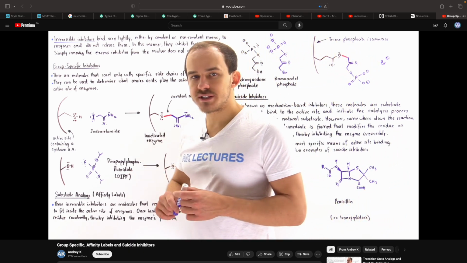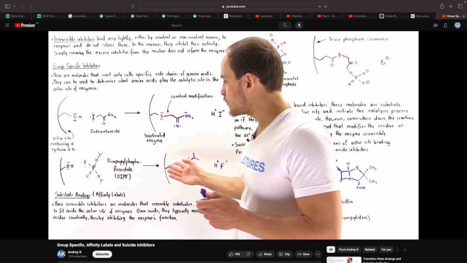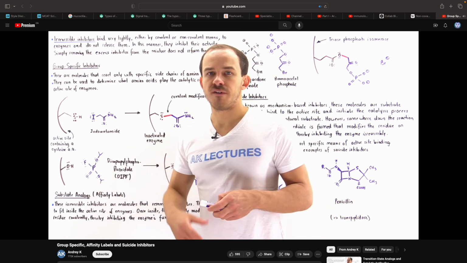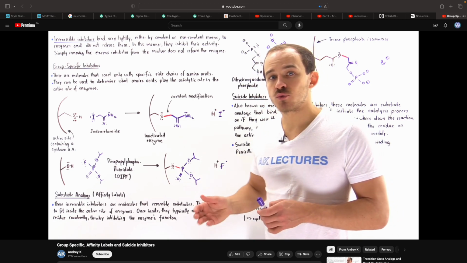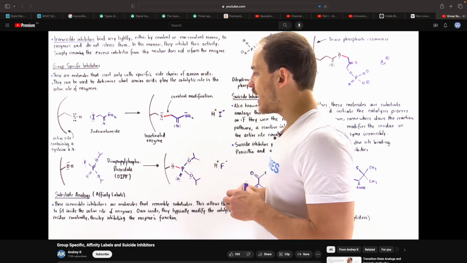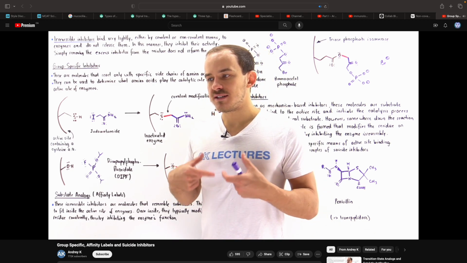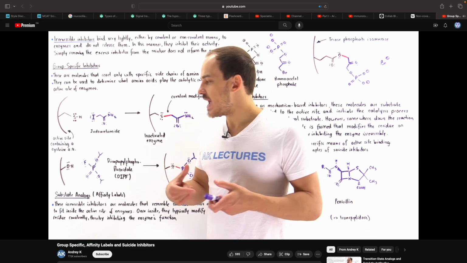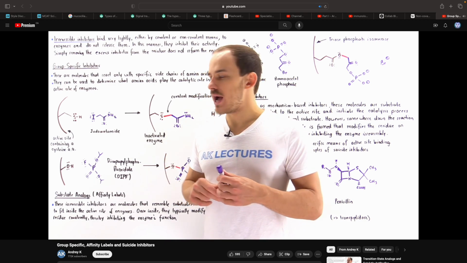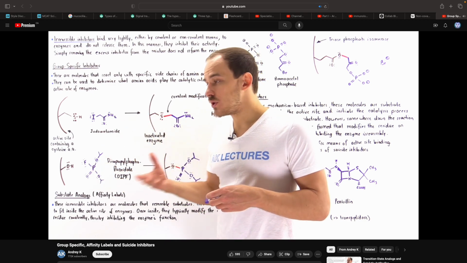Now, this is the other example. In this case, diisopropyl phosphofluoridate reacts with serine amino acids. For instance, in the active site of acetylcholinesterase, we have serine amino acids that catalyze the reactions.